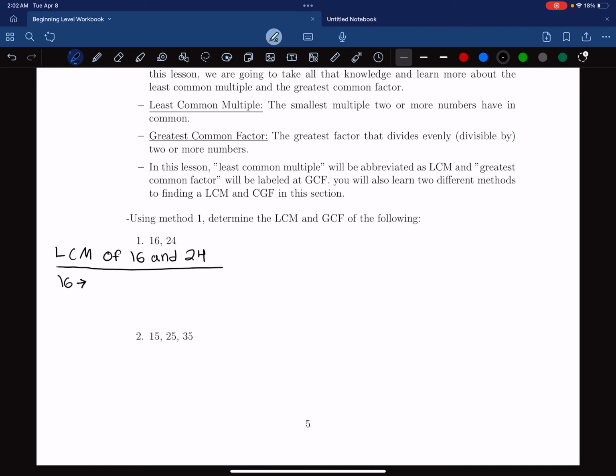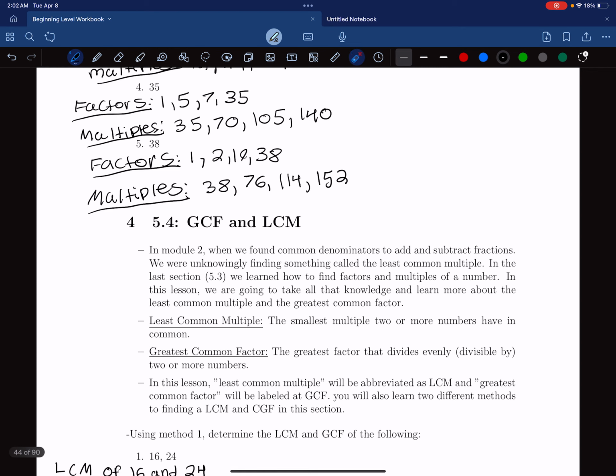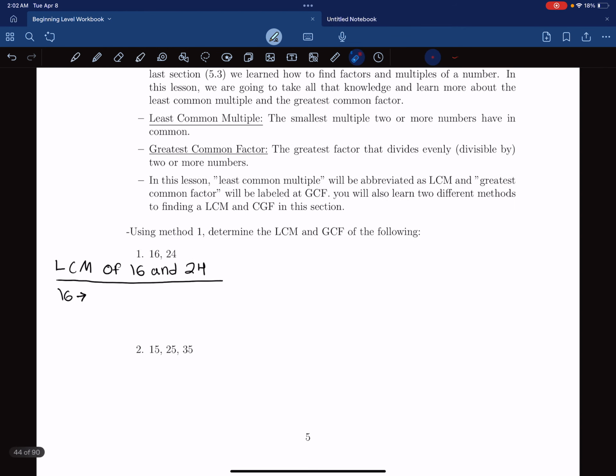And remember, multiples are the counts of whatever number we have. So in this case, let's count up by 16. So we have 16. 16 plus 16 is 32. 32 plus 16 is 48. And let's go up by one more multiple. 48 plus 16 is 64.